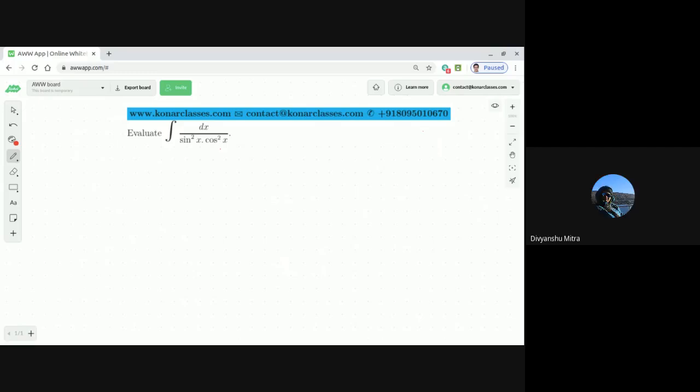Sir, my idea is to take the reciprocals, like sine square becomes cosec square x and then sec square x into dx. But then to integrate u into v, will it follow the same rule as differentiation? No, absolutely a different rule. Sir, is it tan x minus cot x plus c? Yes, that is absolutely the correct answer.